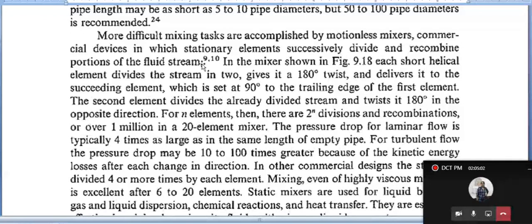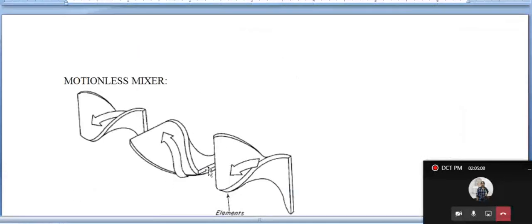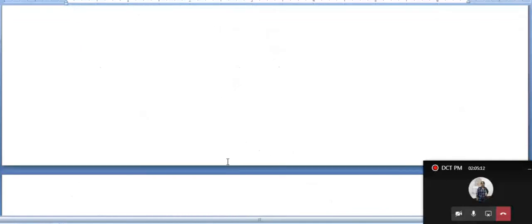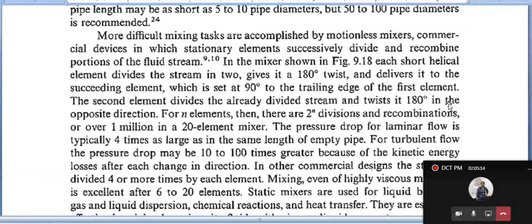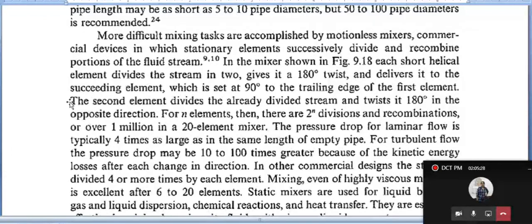So I said that the lines, no. If you see this line and this line, this is one line, this is the second line. The angle between them is 90 degrees. Okay. 90 degrees to the trailing element, that is the next element after the first element. Okay. Then the second element divides the already divided stream and twists it again 180 degrees.